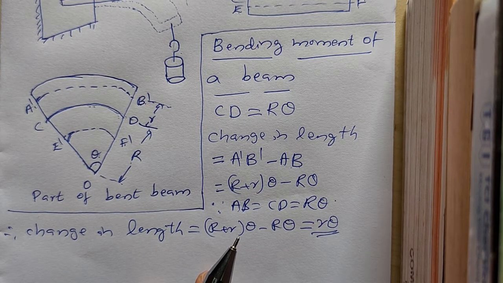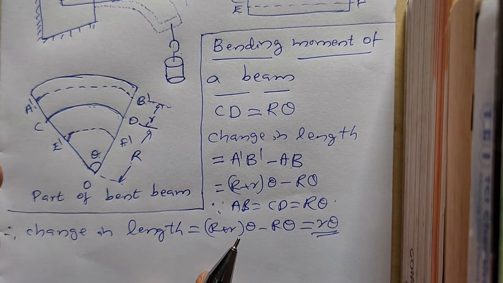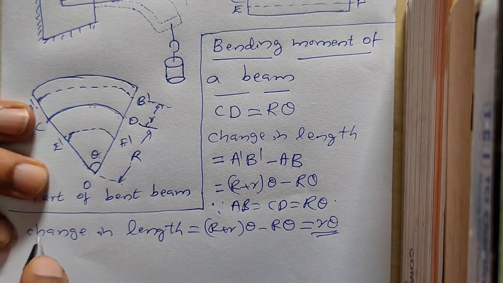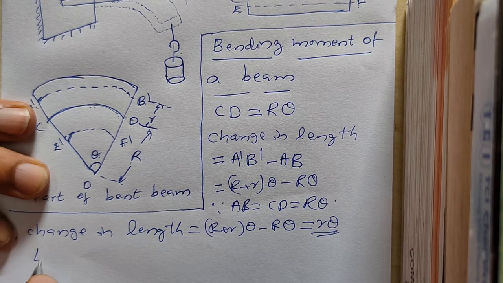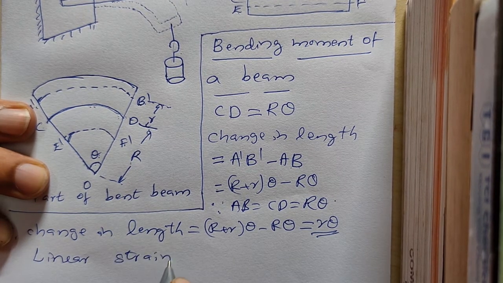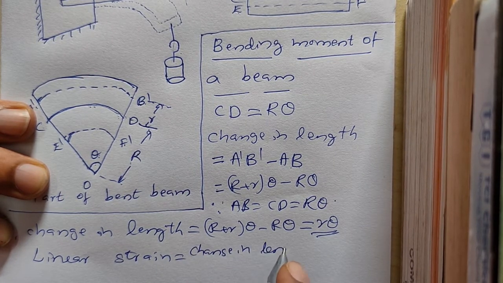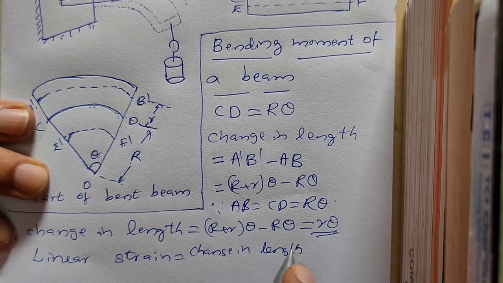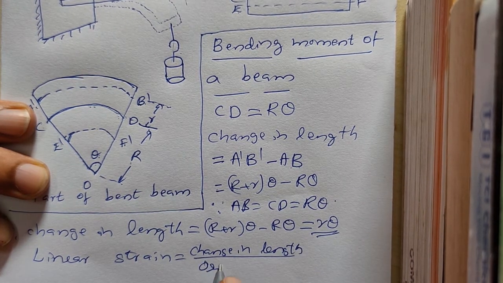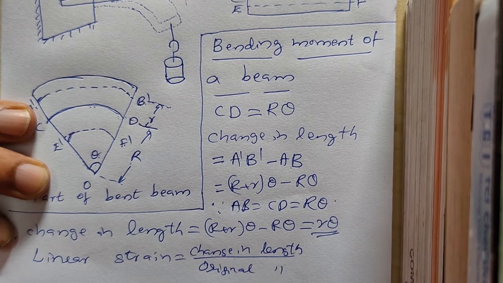Now to find out the linear strain, we have the formula: linear strain is equal to change in length by original length.